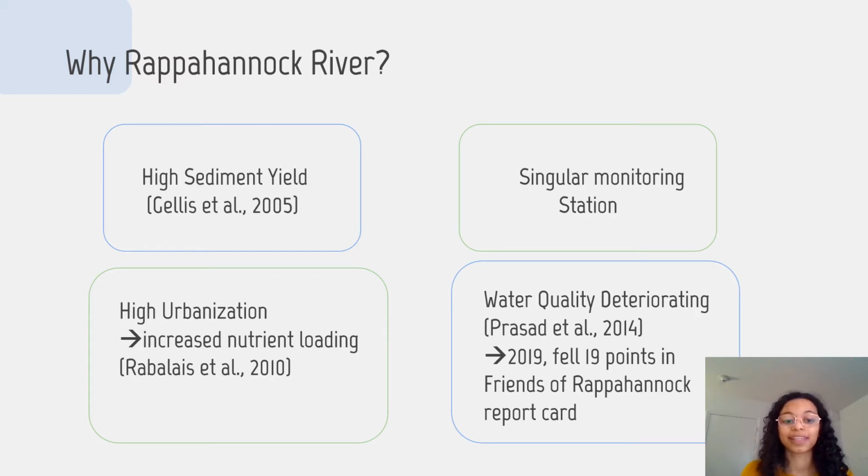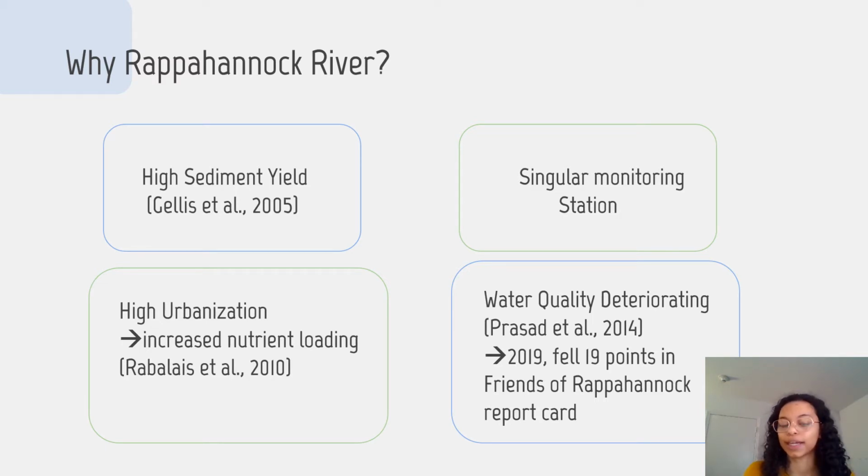One of the results of this is an increase in nutrient loading, which may eventually go into the bay. Additionally, because the land has been cleared around the river, it makes it a lot more susceptible to damages from things like high temperatures and increased rainfall. So as a result, the water quality of the Rappahannock River has been deteriorating in the past few years as a result of the increase in urbanization.